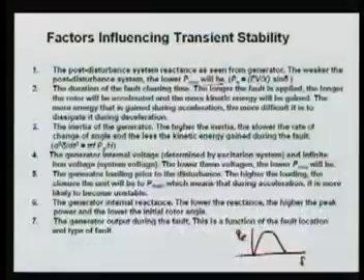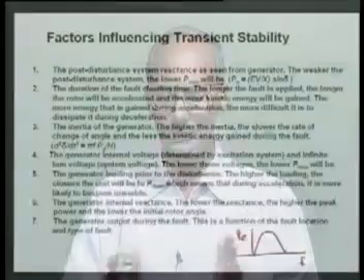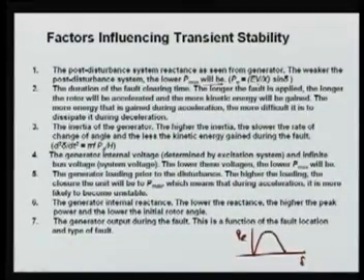If the system is intact, then your X is less and this P max will be higher, so your system will have more stability margin and will be more stable. So if the post-disturbance system reactance seen by the generator is the same as the pre-fault, then it is better.